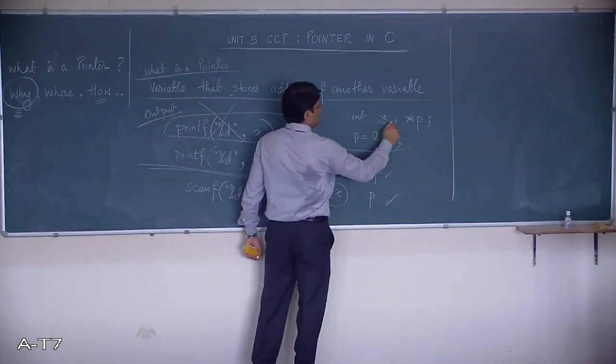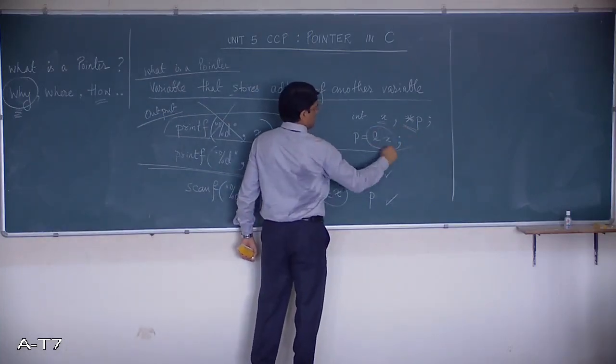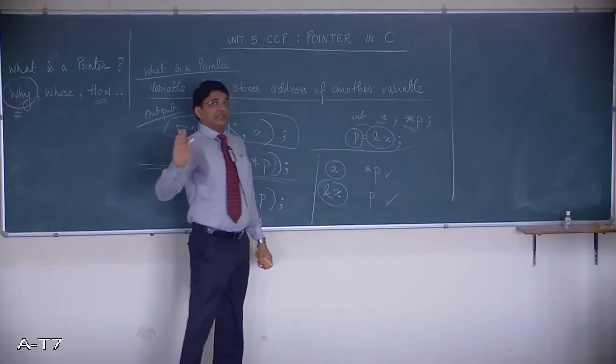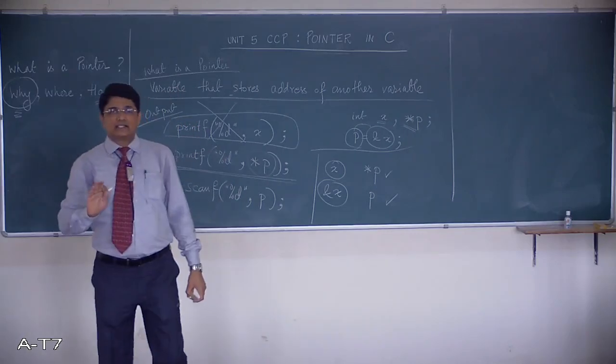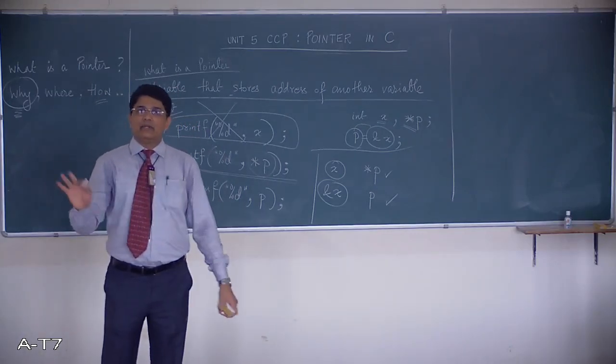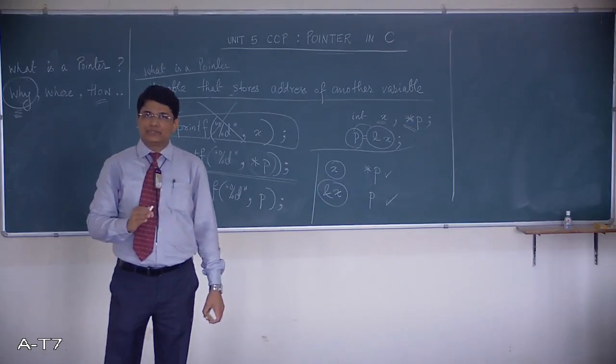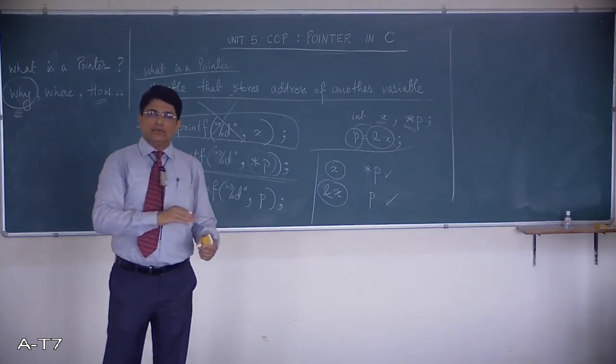You declare the variable, take a pointer variable, put the address of that variable in the pointer variable. After this, x will not be seen anywhere in the program. That's the strategy that we are going to use.